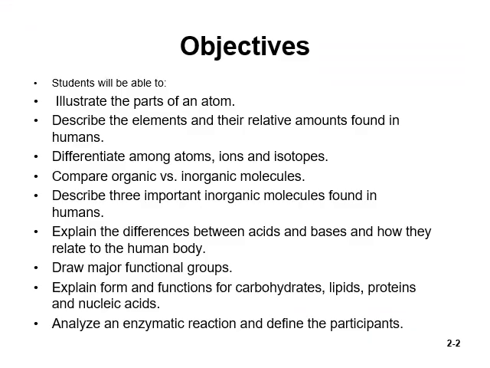So in this chapter, we'll cover different parts of an atom, what are an element, what are atoms, ions and isotopes, what are the different types of bonds formed in different types of atoms and ions, what are organic and inorganic molecules, the basic biochemicals and biomolecules found in the body, important organic molecules found in the body, what is pH and the differences between acids and bases and how they relate to the human body, the major functional groups, and the basic biomolecules, which are carbs, fats, and proteins, and nucleic acid, which is the genetic material.